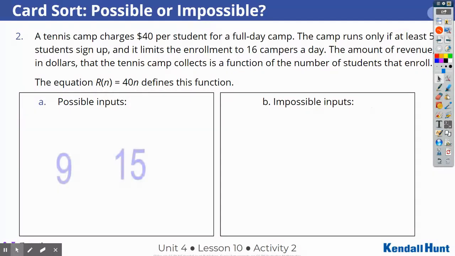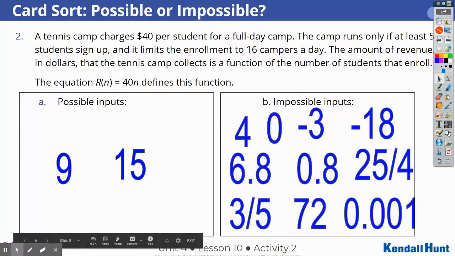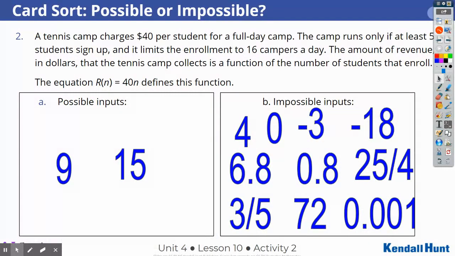Okay. So here, your only 2 options are 9 and 15 because we know that the number of campers is the input. That's what we're putting into the function to figure out how much the revenue would be. That leaves all of the other values to be impossible. So you might have had 4 and 0 there and maybe 72. Those values won't fit because it has to be at least 5 campers, so that knocks out 4 and 0.